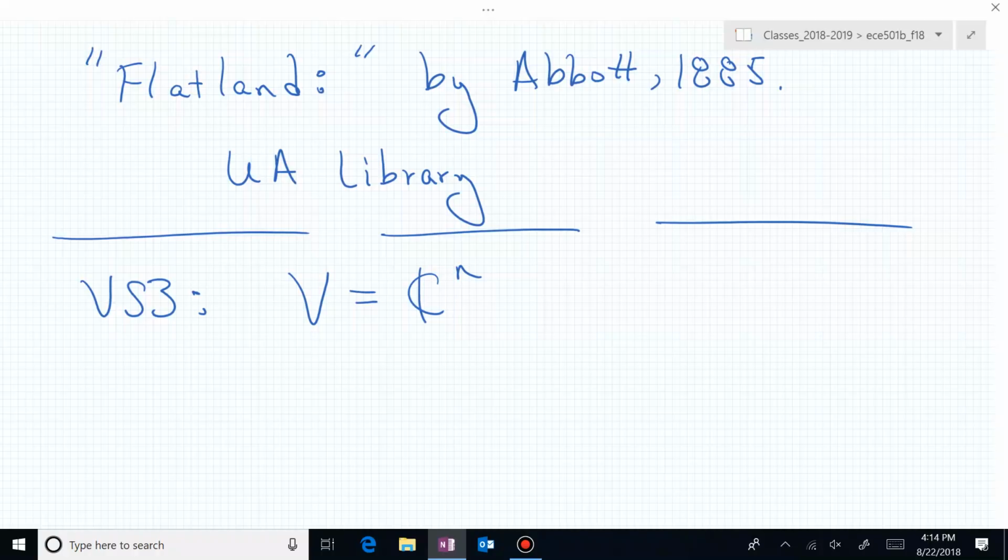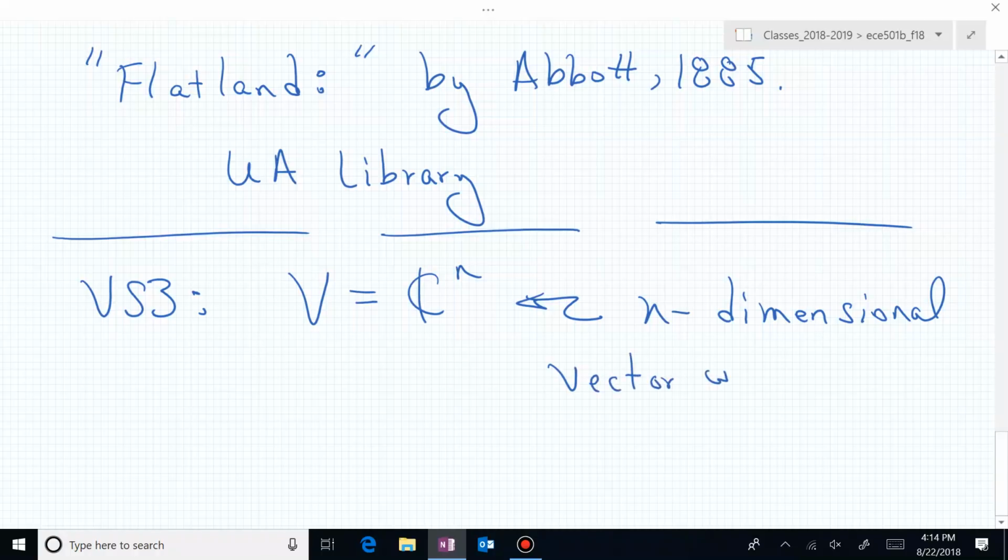So we've really just sort of doubled the dimension in a sense. So here is an n-dimensional vector with elements being complex.